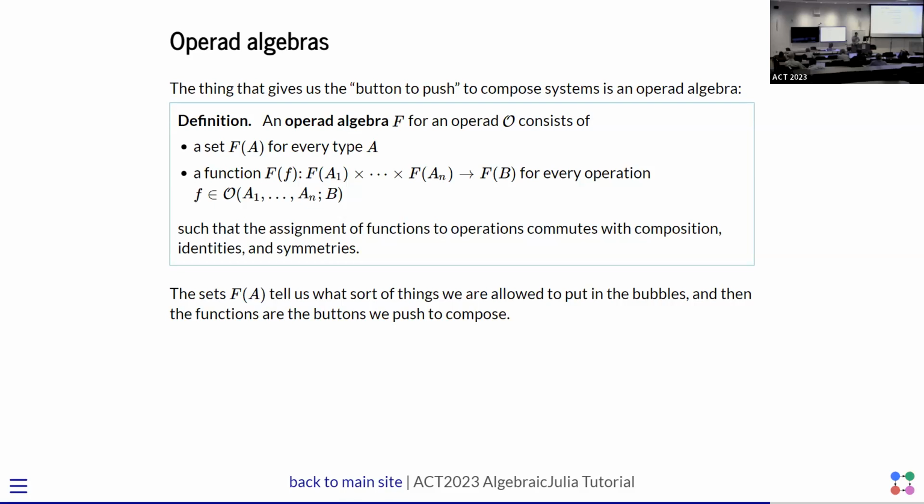So in terms of the pictures that we have in mind when drawing UWDs, these sets parameterized by the types of the operad are the things that we're going to put in the bubble, and then these functions are the instructions for how to compose them together.